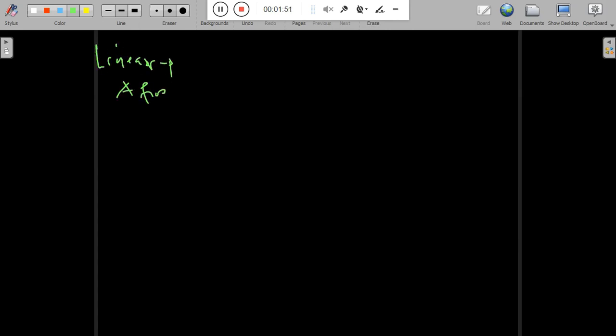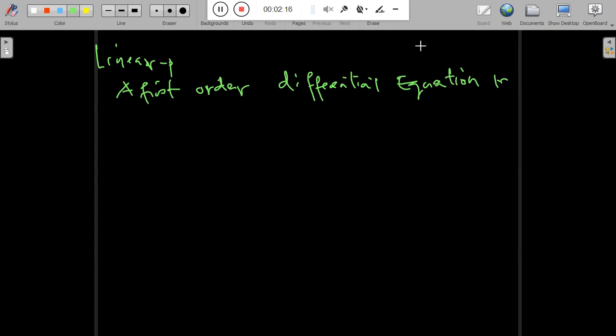The first order differential equation is what we normally refer to as a linear differential equation.